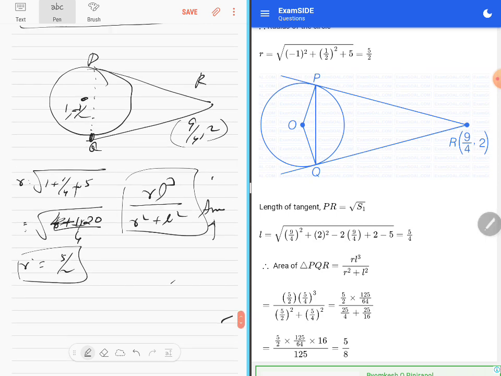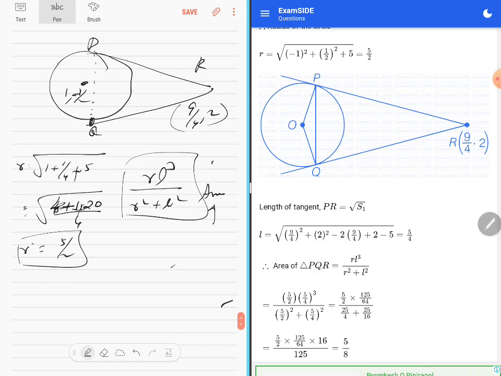But how did they get this? Let's construct this and mark it here. Supposing this angle is alpha, this angle will also be alpha, with a 90 degree angle, giving similar triangles.